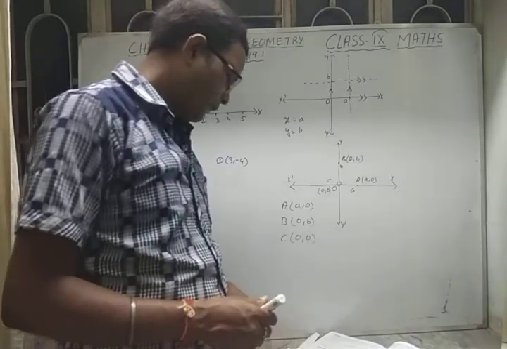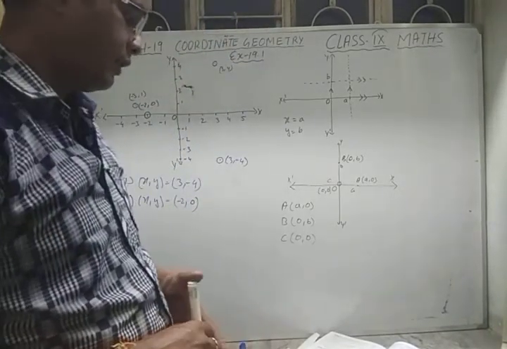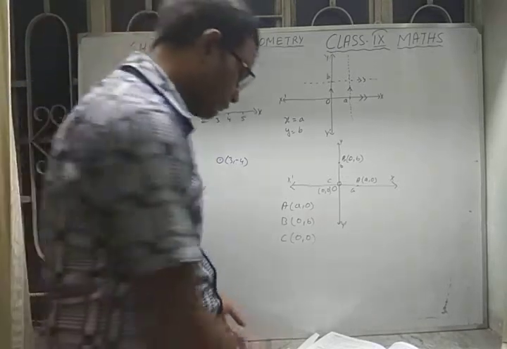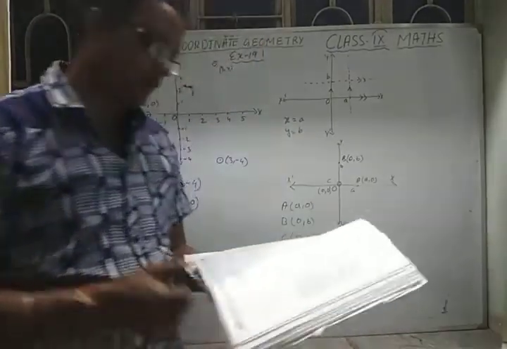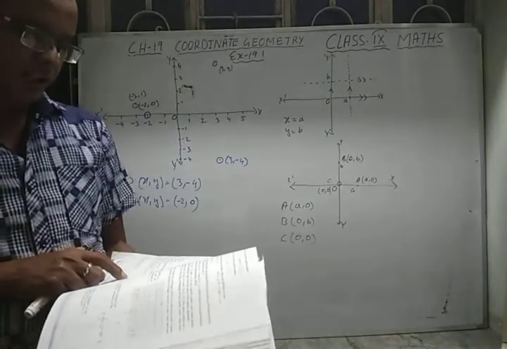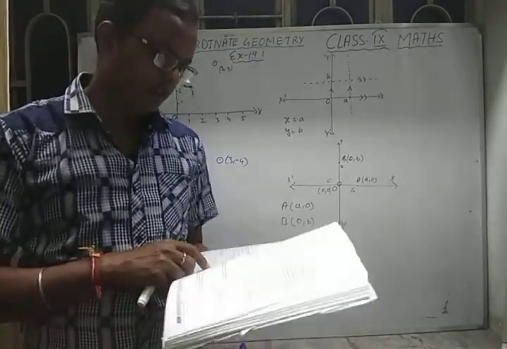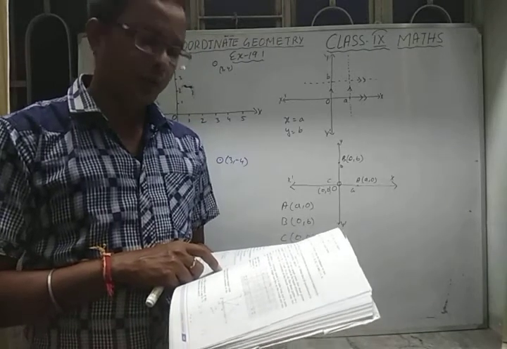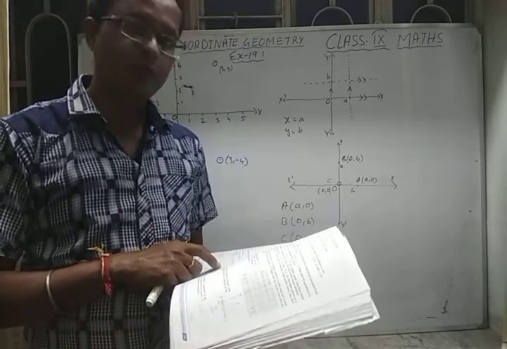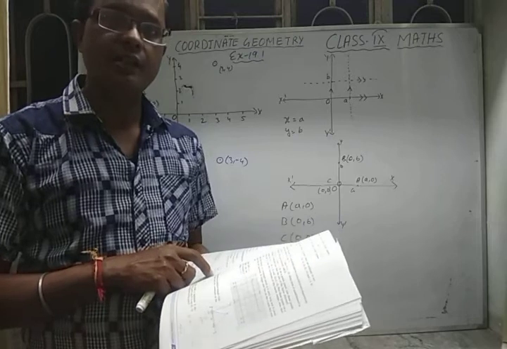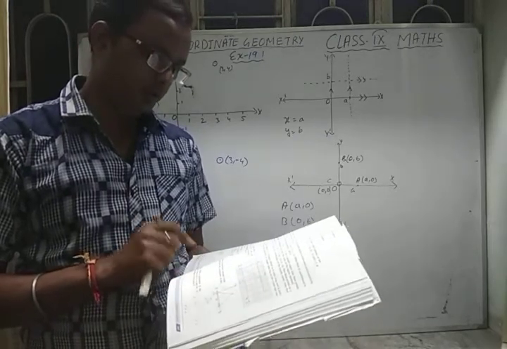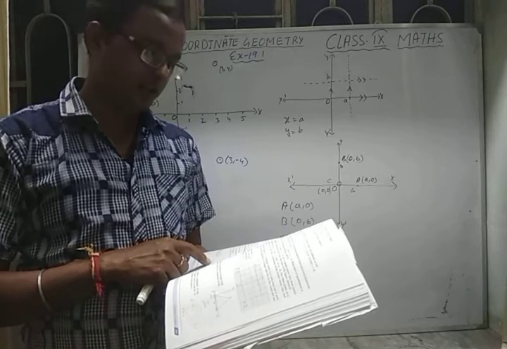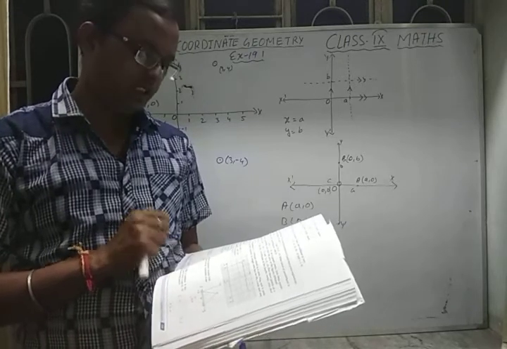Now in question number 5, you have to just write the coordinates. The figure is given in your book. Suppose the coordinate of A first. The point is lying at the intersection of the perpendiculars drawn from 2 and 2. So the coordinate of A is (2, 2). Then the coordinate of B lies on the x-axis, so it will be (-3, 0).